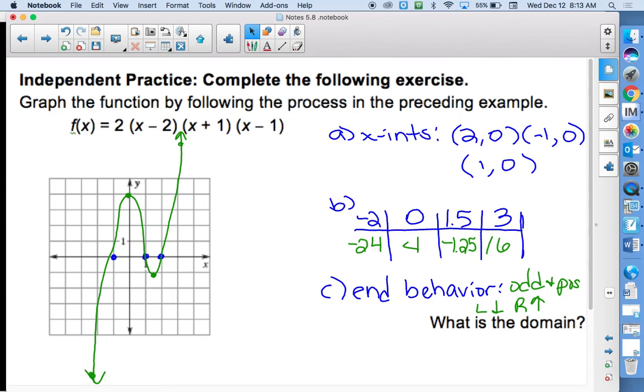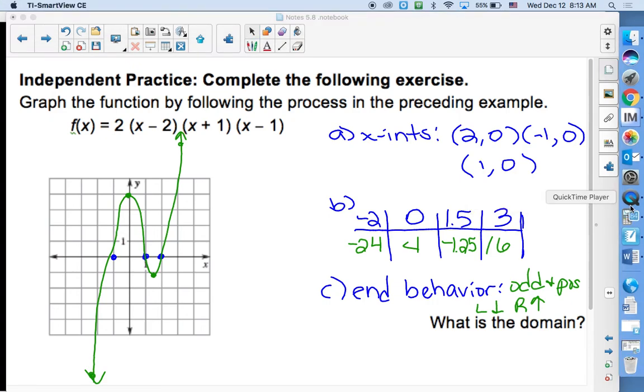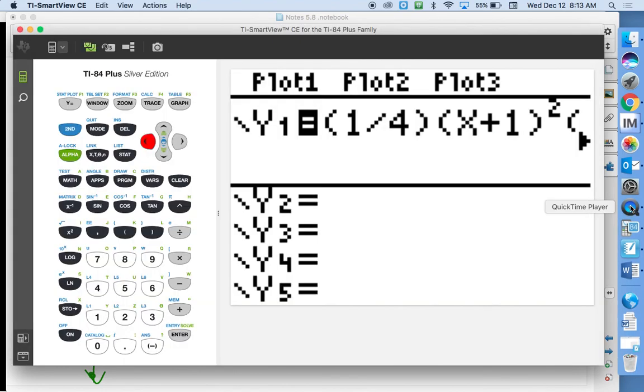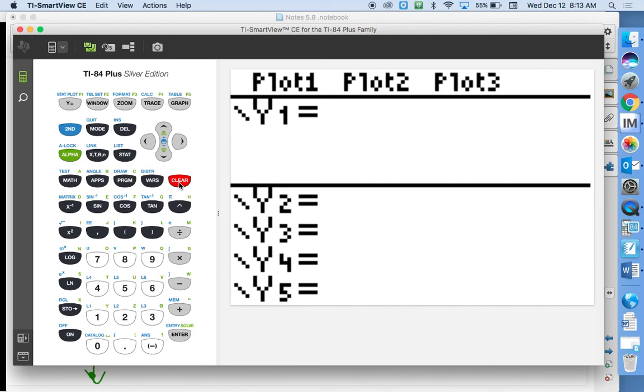So I'd like you, after you're done graphing, to go to the y equals function of your calculator. And we're going to type in this equation. So wherever you see a parenthesis, type in a parenthesis.